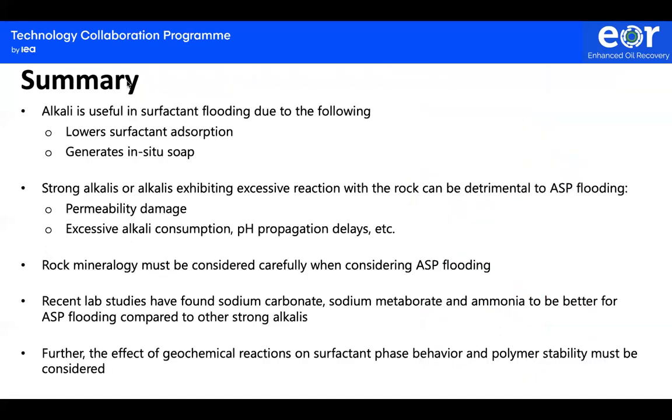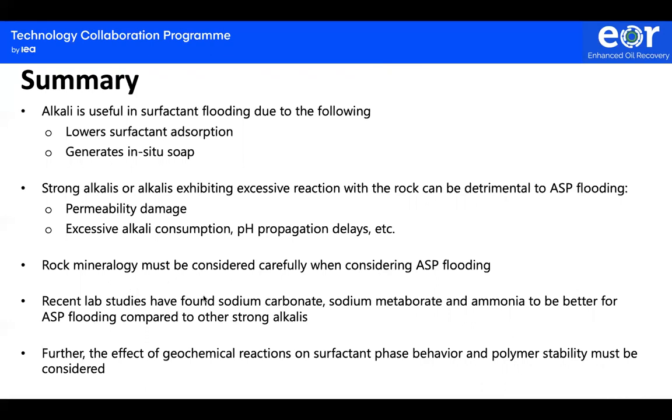With that, in summary, we know that alkalis are useful because they can lower surfactant adsorption and generate in situ soap. But strong alkalis, or alkalis that exhibit excessive reaction with the rock, can be detrimental for ASP flooding because they can cause permeability damage, excessive alkali consumption, pH propagation delays, and so on. Therefore, it is important to consider rock mineralogy when designing an ASP flood.